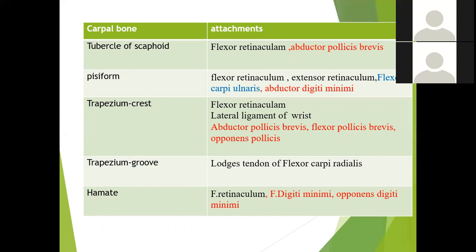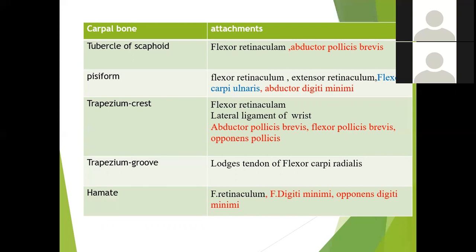And this pisiform gives insertion for a muscle called flexor carpi ulnaris, and abductor digiti minimi muscle, which is a hypothenar muscle, originates from the pisiform bone.